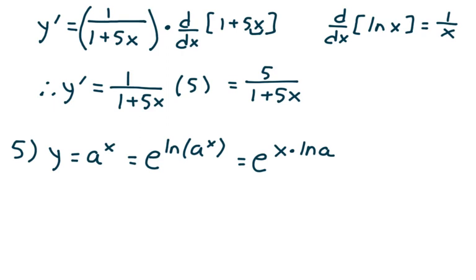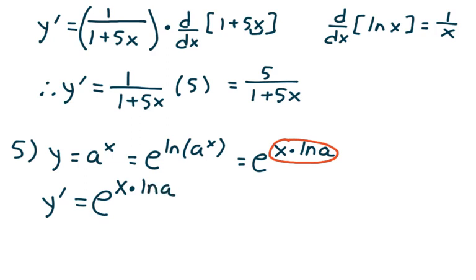Okay? Now watch what happens here. If I want y prime, now I claim that the inside function is x times the natural log of a. Okay? So I'm going to take e to the x times natural log of a, right?